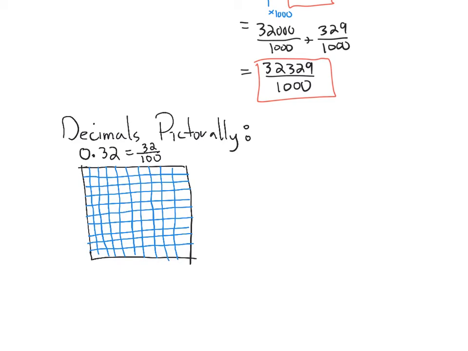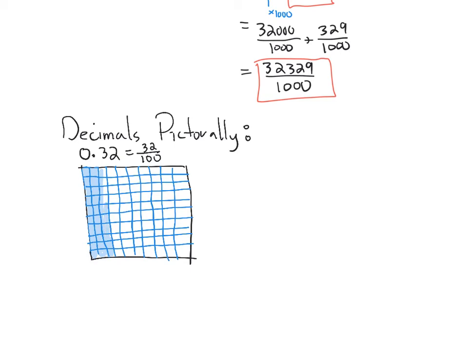So if we have 32 hundredths, we can think of this, if you like, as 3 tenths and 2 hundredths. So the amount that we have, which I'll do in blue here, is all of this. So there is 10 hundredths, or 1/10, 20 hundredths, or 2/10.